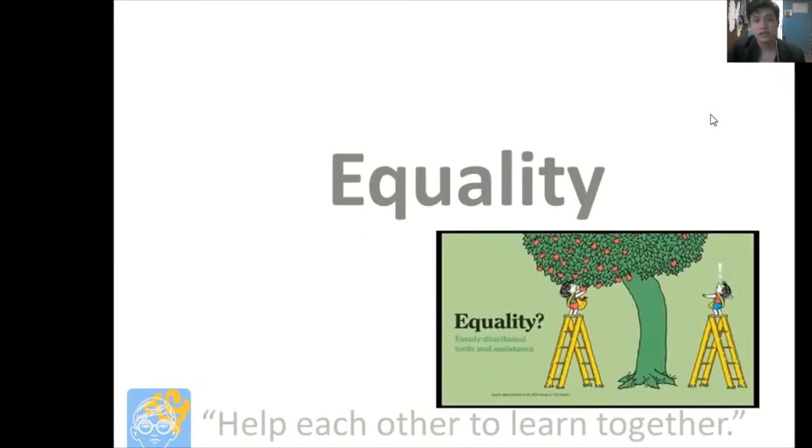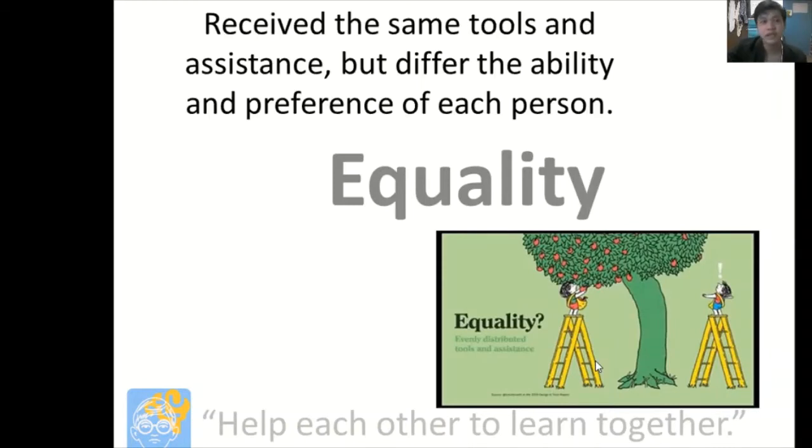Equality is evenly distributed tools and assistance. As you have seen here, they have the same platform, but in my own terms, they receive the same tools and assistance, but differ in the ability and preference of each person.